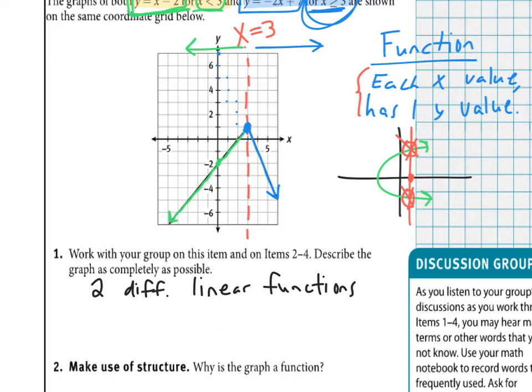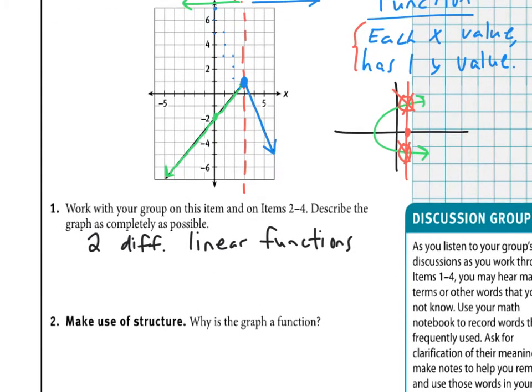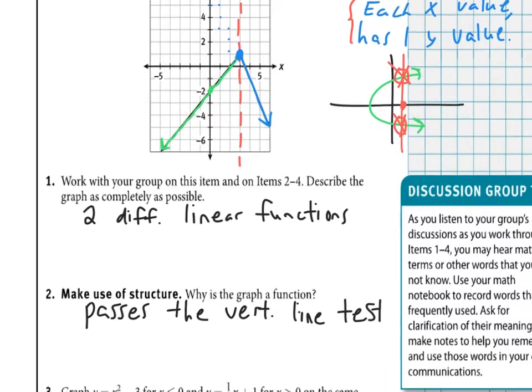Why is the graph a function? We just kind of talked about that. You could say it passes the vertical line test. That would be a good reason, as long as you know what the vertical line test is, and that's why we reviewed that. Oops, sorry guys, my writing is getting a little choppy here. We passed the vertical line test.